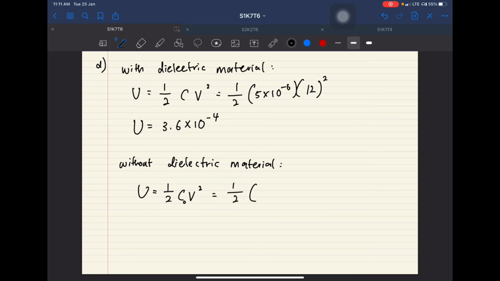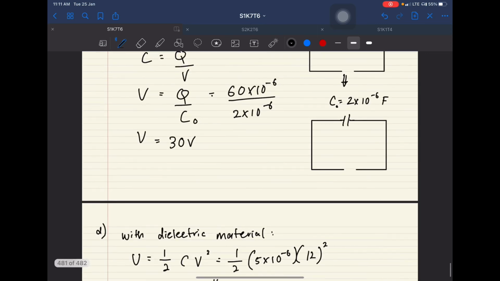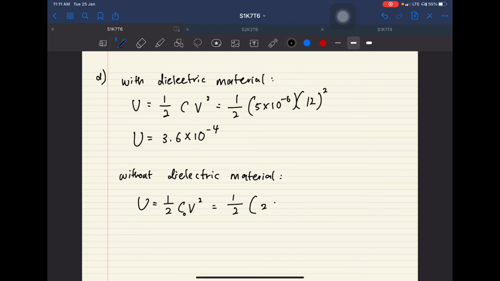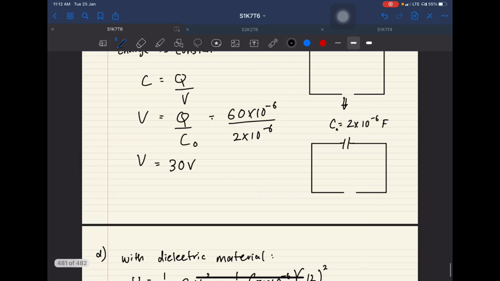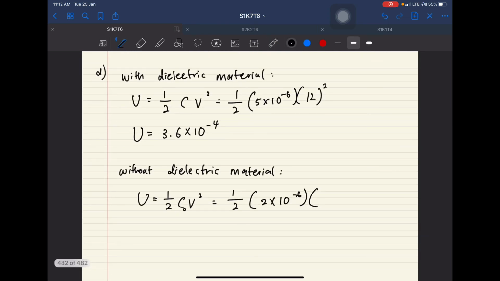So it will be 2 times 10 negative 6, and then multiply with, sorry, not 60, 30 volt over here. So U is equal to, again, don't forget to put the square, 9 times 10 negative 4.